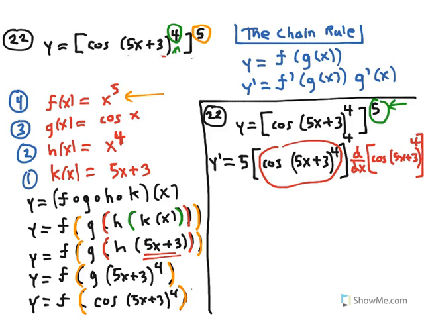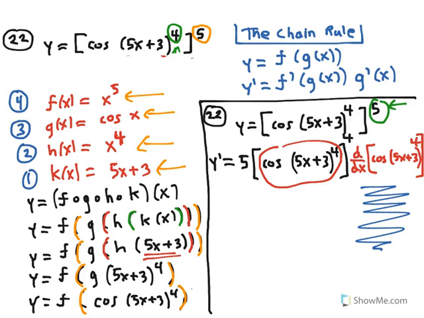And when you look at that, you have a composition of 3 functions where the outsidemost function is actually cosine. And the middle function is x to the 4th. And the insidemost function is 5x plus 3.